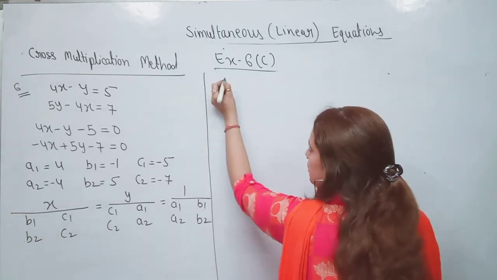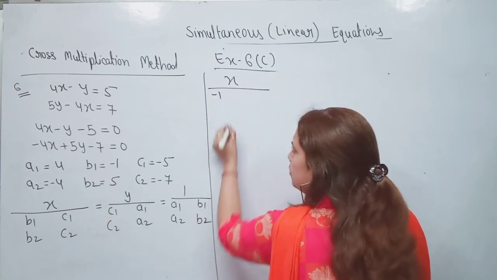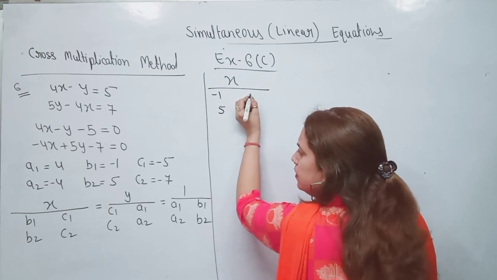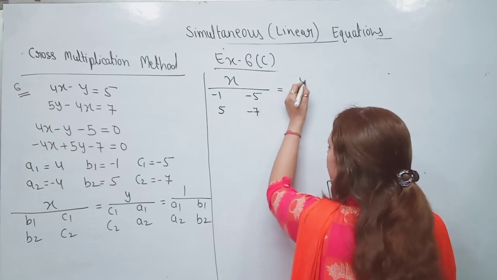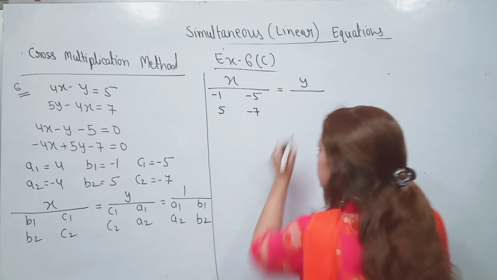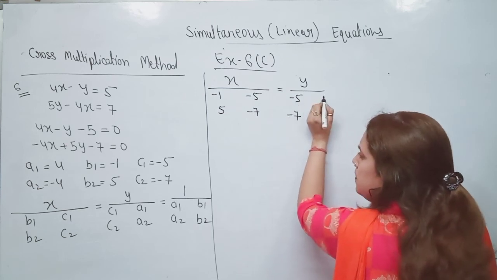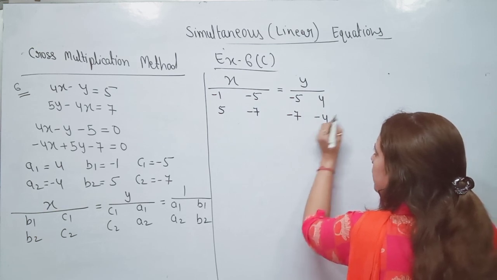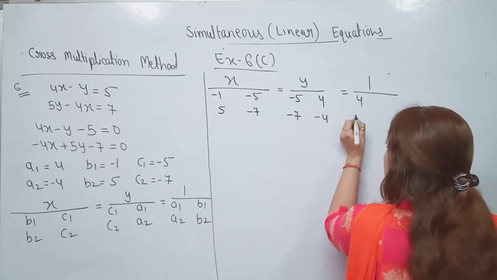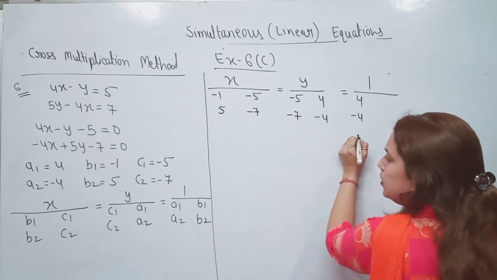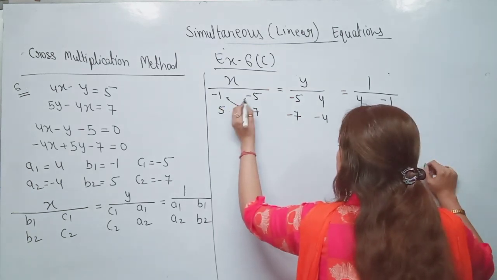X upon b1 is minus 1, b2 is 5, c1 is minus 5, c2 is minus 7, y upon c1 minus 5, minus 7, c2, a1 4 and this minus 4, is equal to 1 upon a1, a2, 4, minus 4, b1, b2, minus 1, 5. And after that do the cross multiplication.